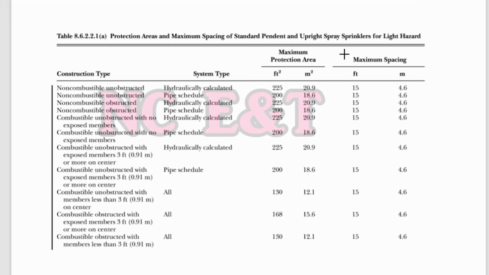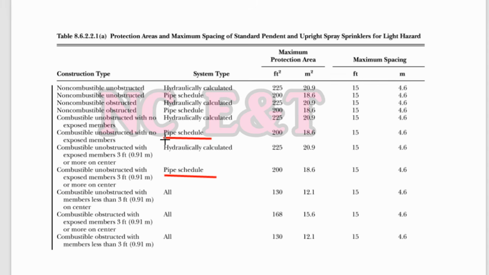You can see this table is for the low hazard, table number 8.6.2.1 from NFPA 13, and you can see this system type. Our pipe schedule method is this.